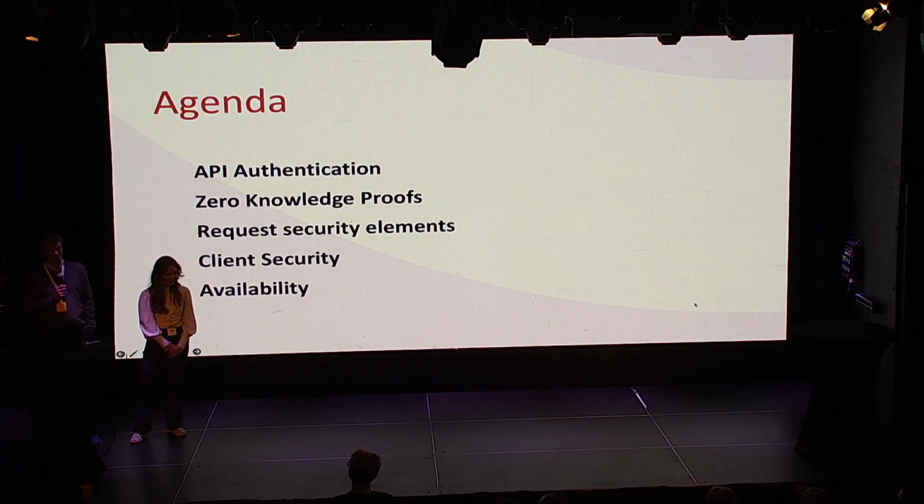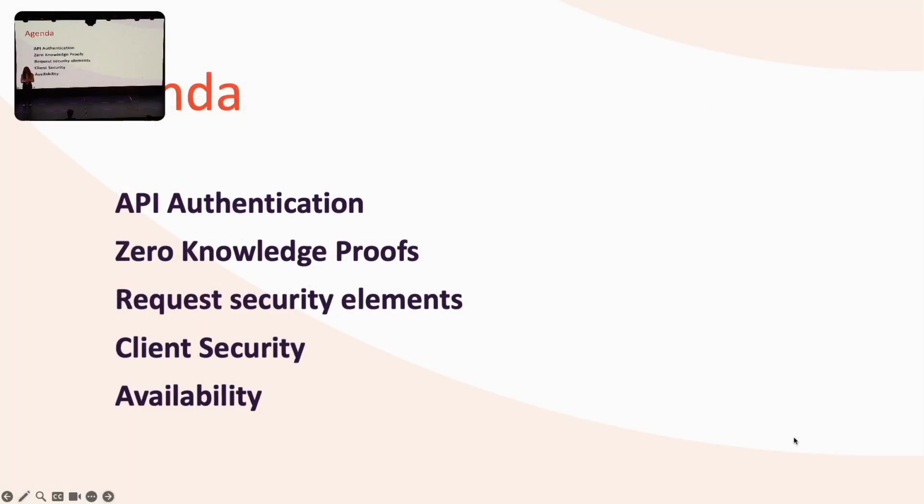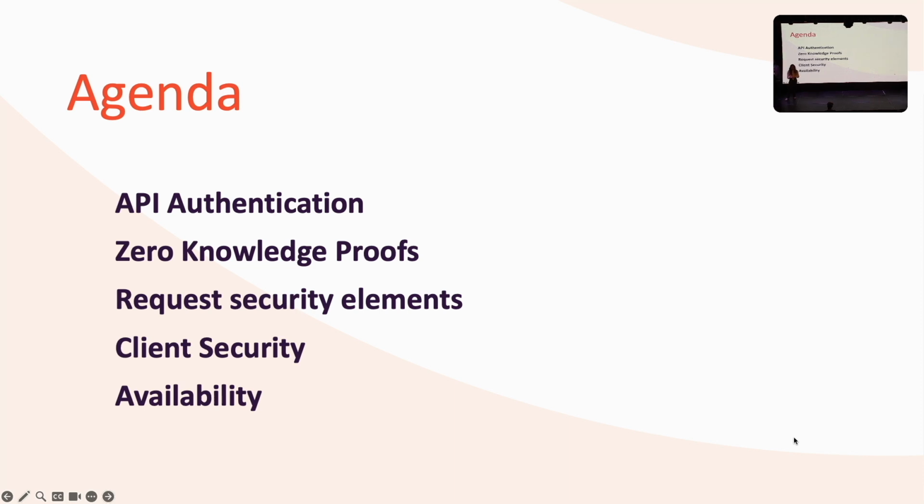After that, we're going to go through the different security elements that are in place when the Vipps app makes a request to the backend services. And also, we will go a little bit into what happens on the client side. What kind of threats are there on the client side, and how can you mitigate it from the backend? Lastly, we will be speaking a bit about availability and how to stay up in periods of very high load.